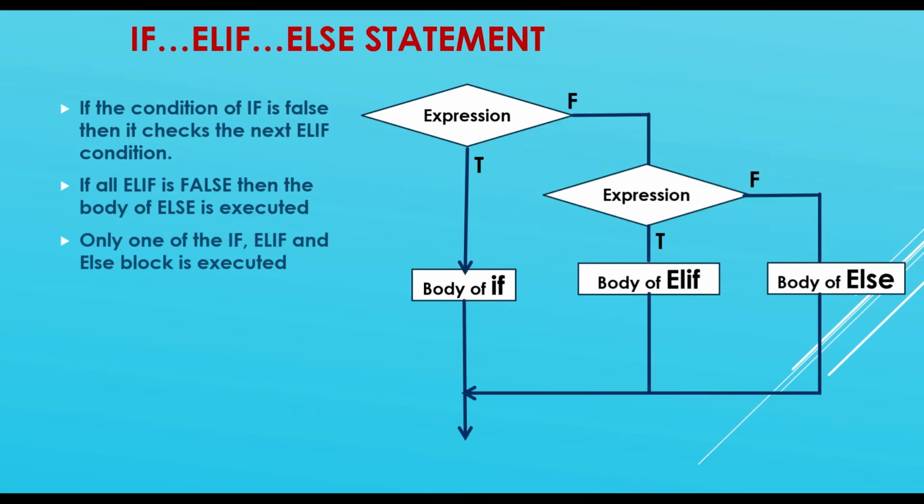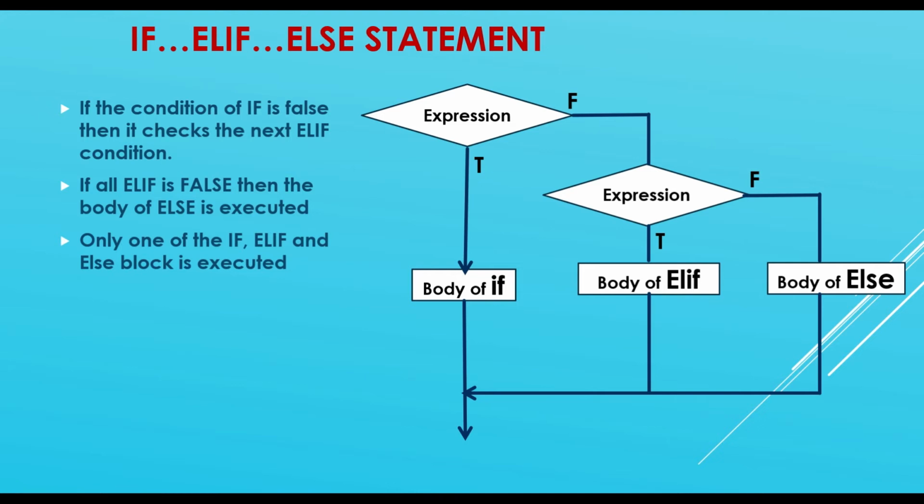If, elif, else statement. If the condition of the if is false, then it checks the next elif statement. If all the elifs are false, then the body of else is executed. Only one of the if, elif and else blocks is executed. Let's walk through this flowchart.